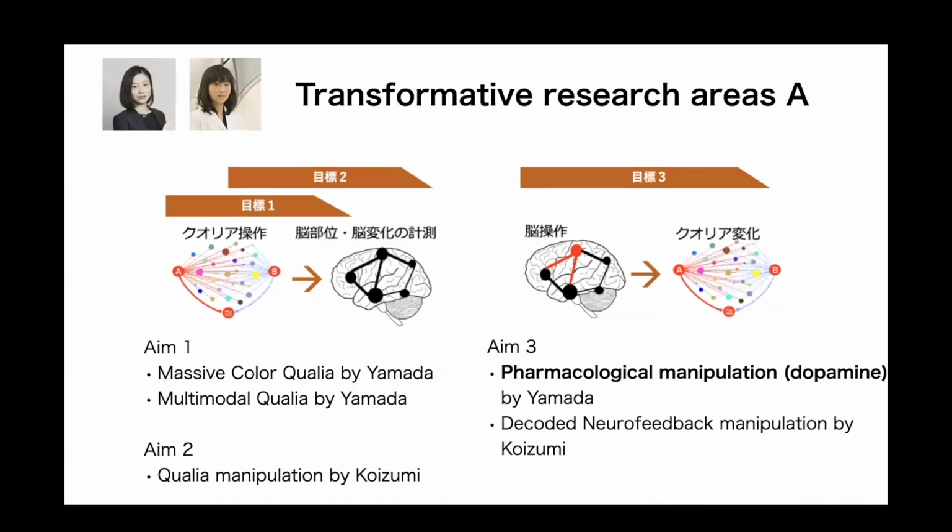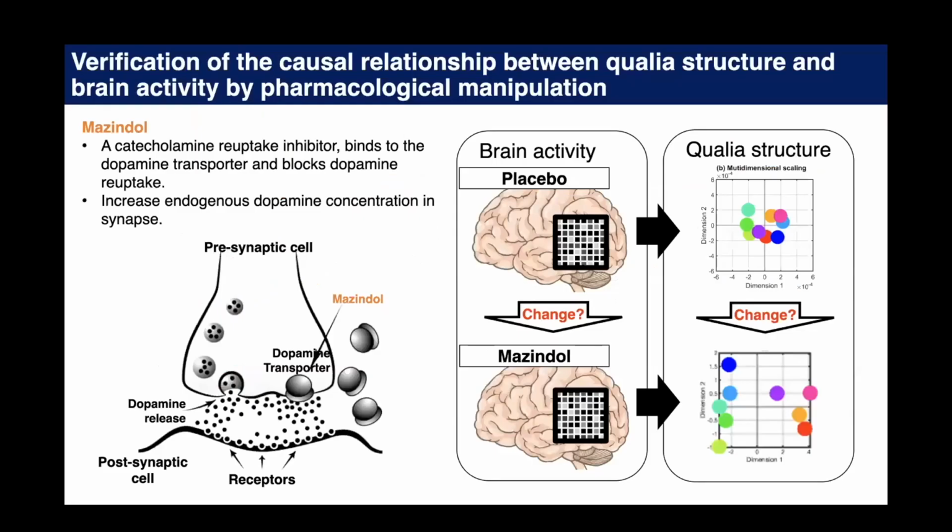Okay, and then last, I would like to show the pharmacological manipulation targeting dopamine. We can use Mazindol, which is a catecholamine reuptake inhibitor, binds to the dopamine transporter, so that it blocks dopamine reuptake, and the dopamine concentration increases in the striatum specifically.